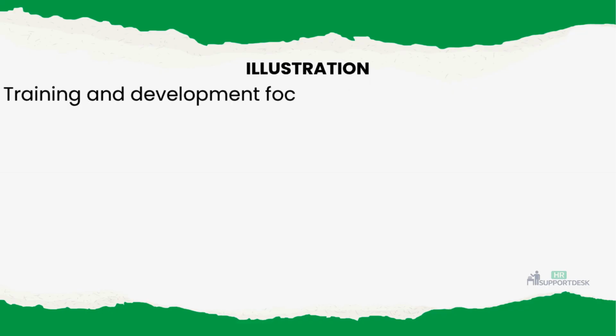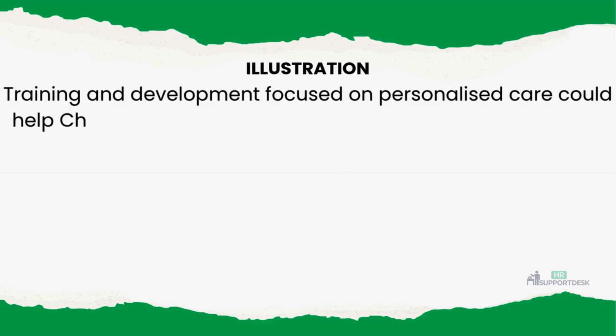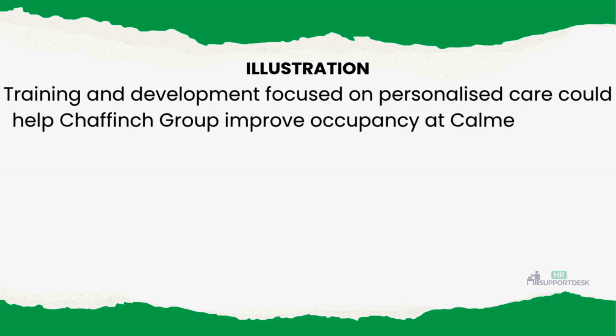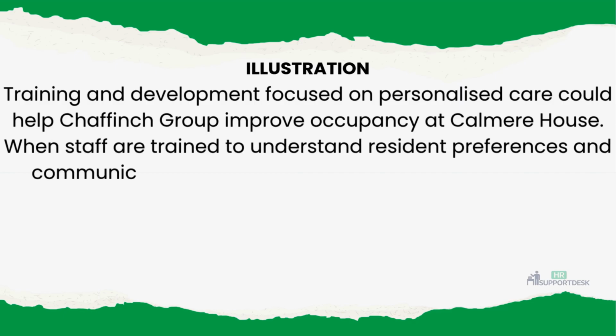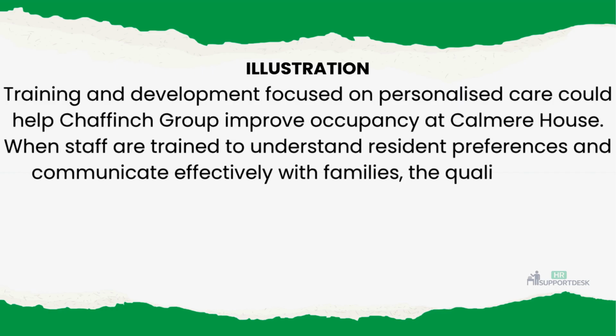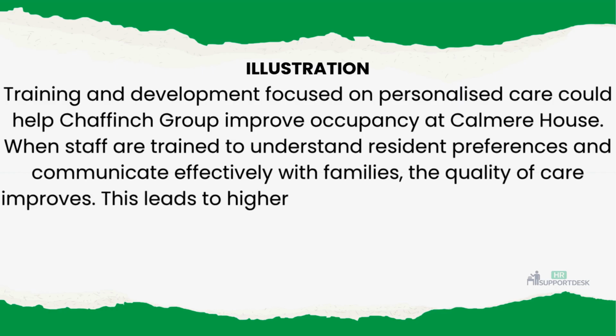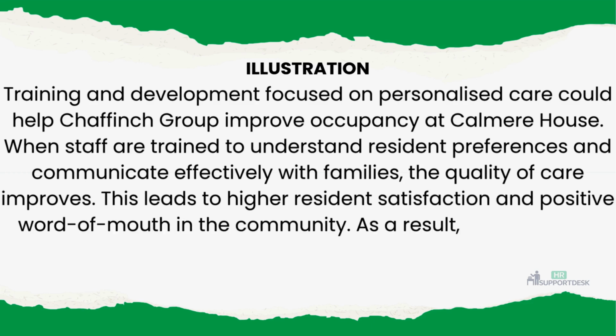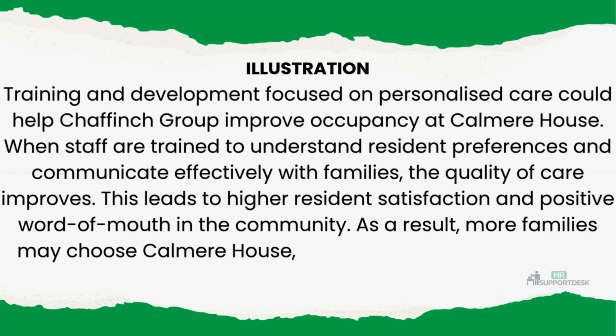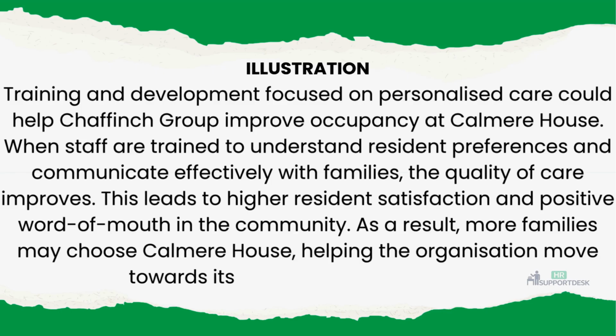Training and development focused on personalized care could help Chaffinch Group improve occupancy at Calmere House. When staff are trained to understand resident preferences and communicate effectively with families, the quality of care improves. This leads to higher resident satisfaction and positive word of mouth in the community. As a result, more families may choose Calmere House, helping the organization move towards its goal of 100% occupancy.